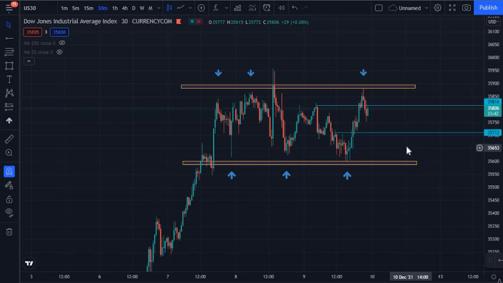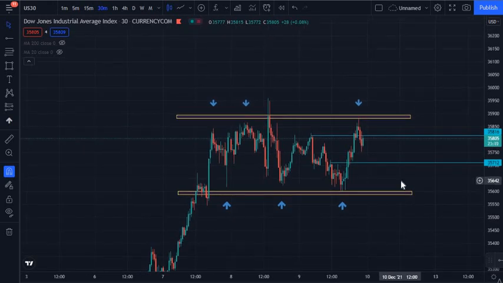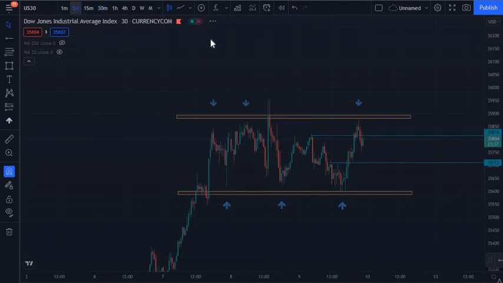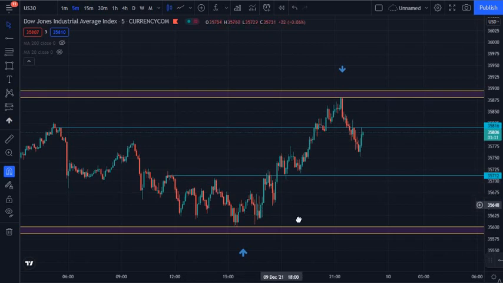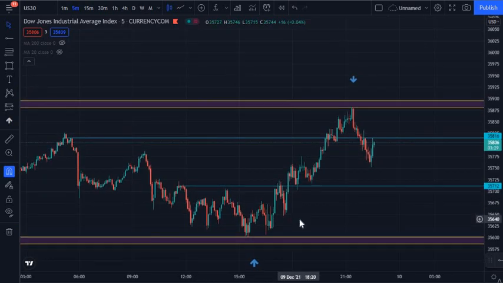So what I was waiting for was an area that I did indicate where price had to break for me to enter into a trade, right? Remember, I always wait for my 15-minute candle. As you can see, this is how price played out.